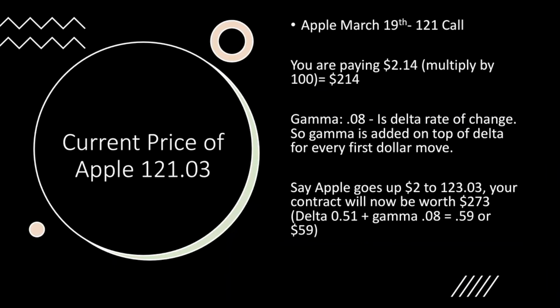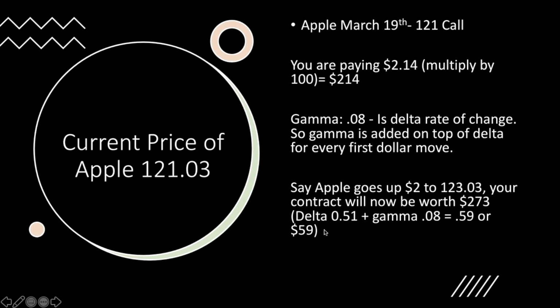So what that means is, say Apple is trading at $121.03. Now let's say Apple goes up $2 and it is trading at $123.03. Now your contract will be worth $273.